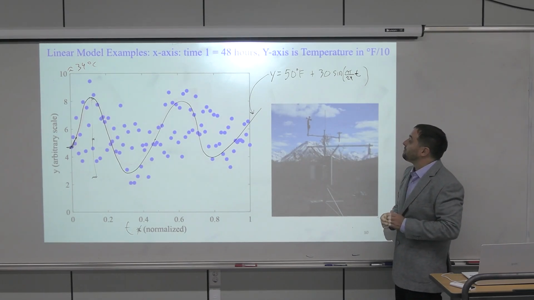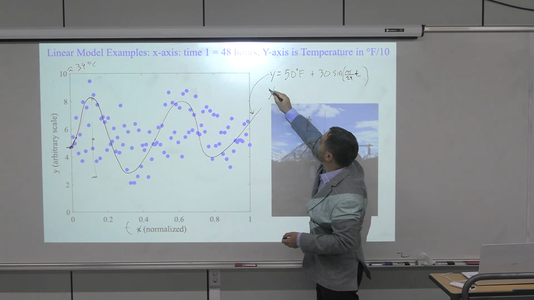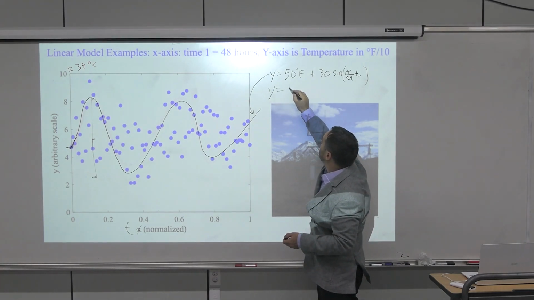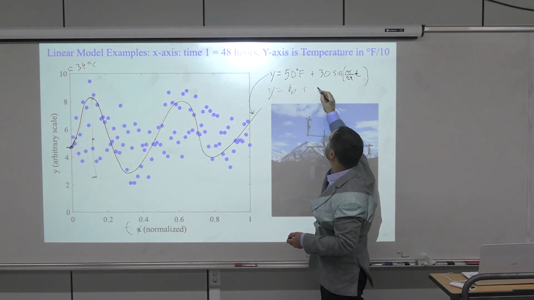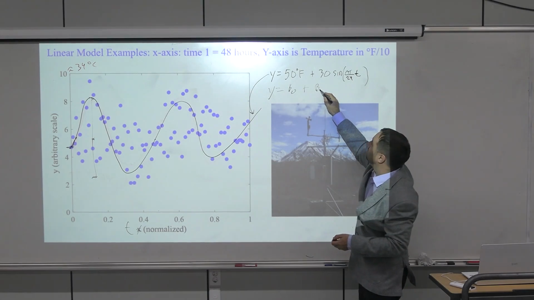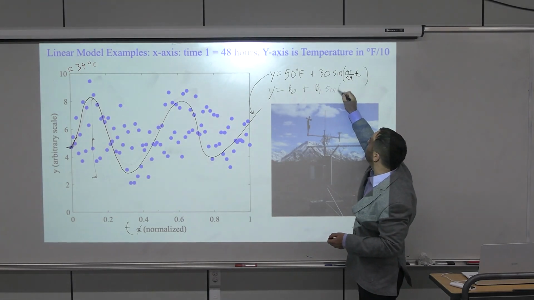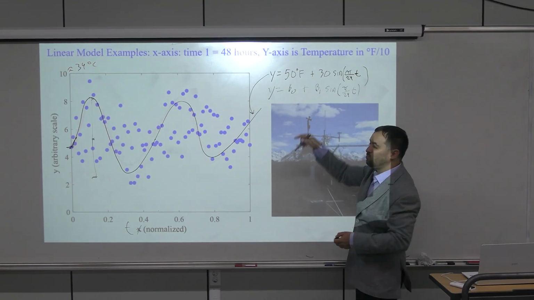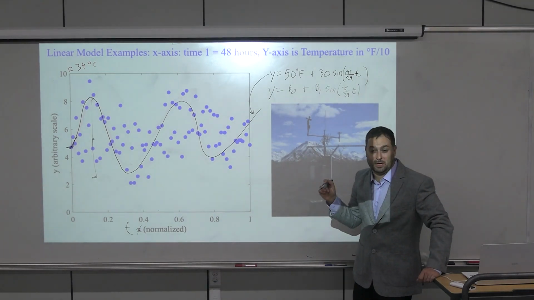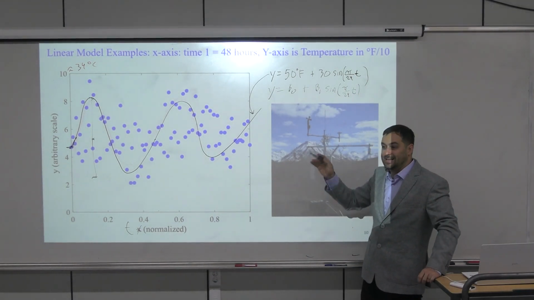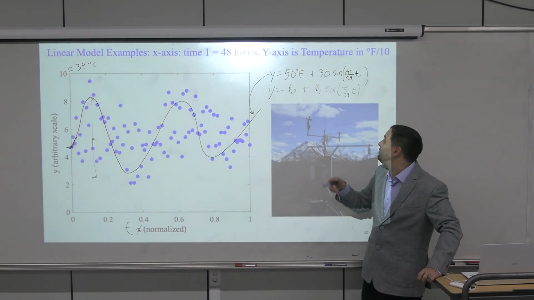And so the general equation for this line might be beta naught plus beta 1 times the sine. And here we are assuming, because we know this is environmental temperature measurements, because of night and day, it's on this 24-hour period.